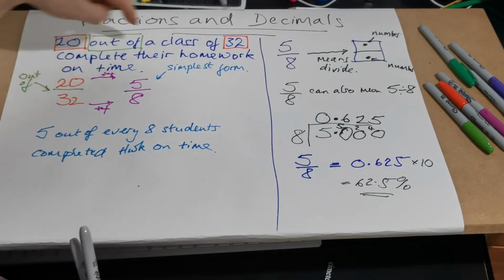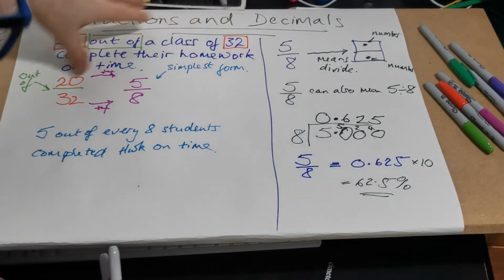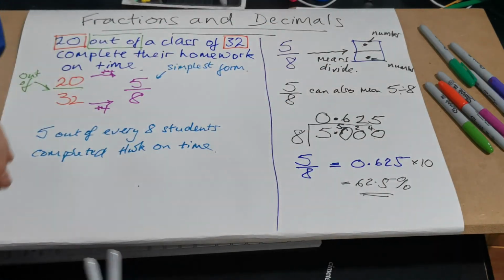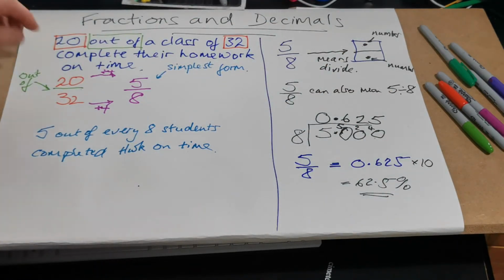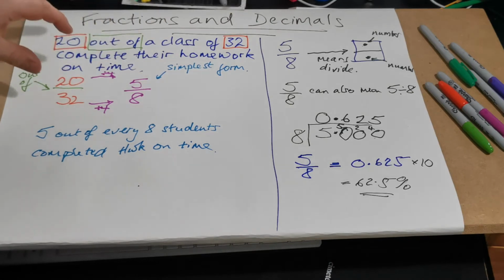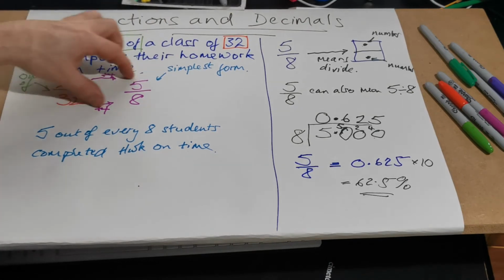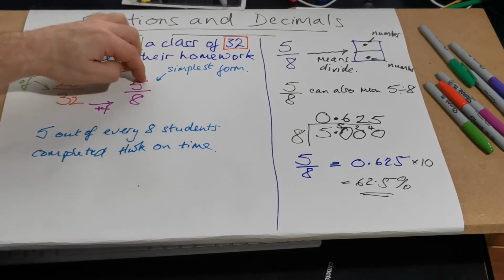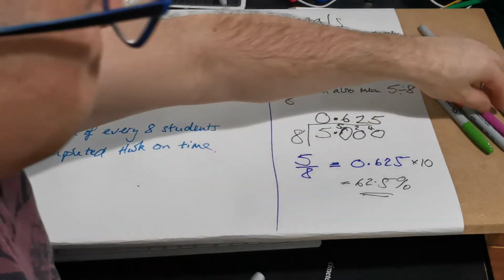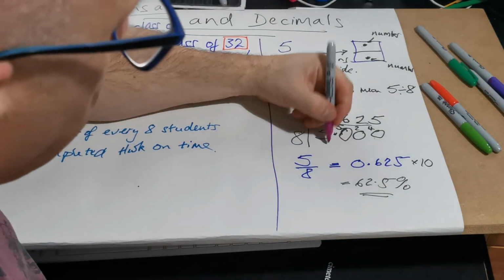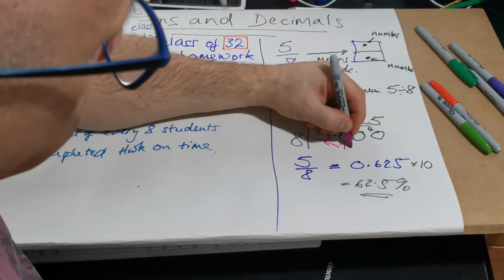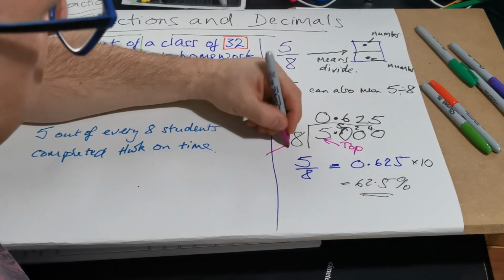So 20 out of 32, working through all this, would be 62.5%. So 20 over 32 as a fraction, cancel it down if we can, and then do top divided by the bottom. So the thing to remember here is that's your top number and that's your bottom number.